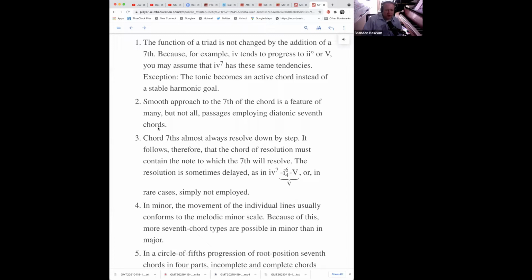What is our quality? C sharp to E to G to B. So what kind of 7th chord?